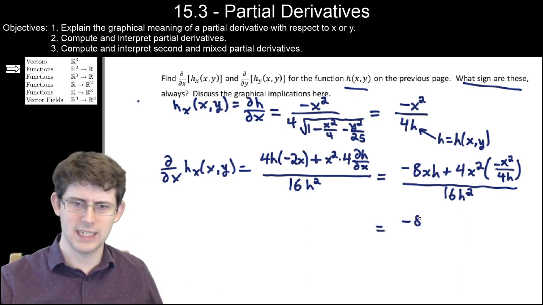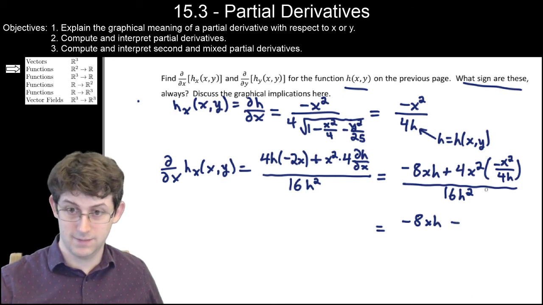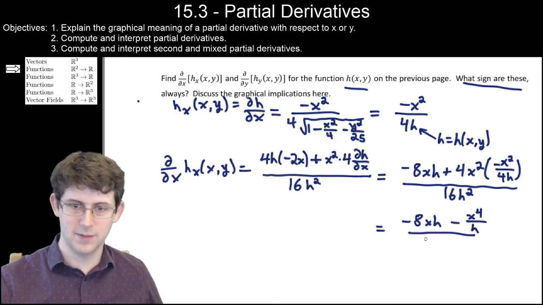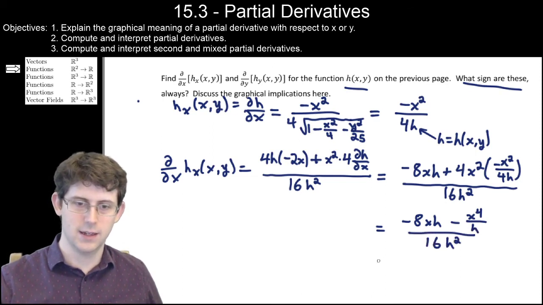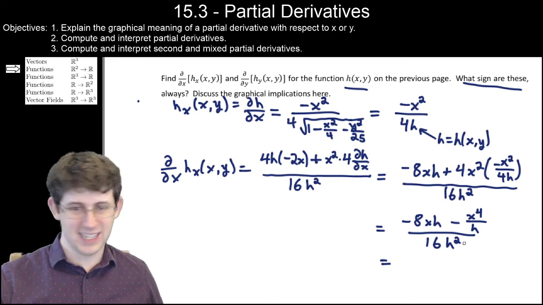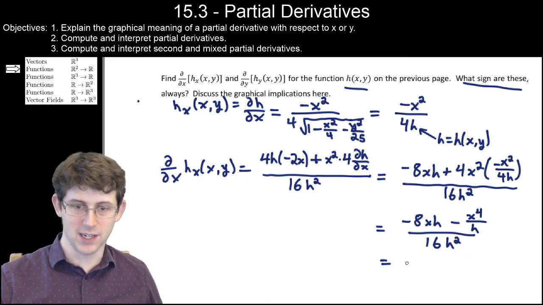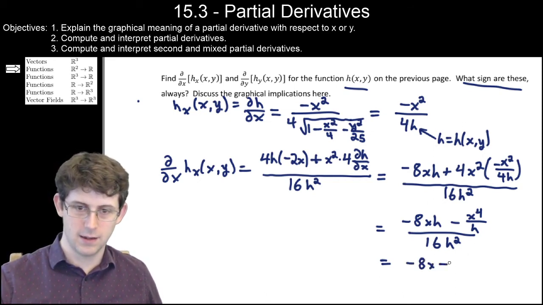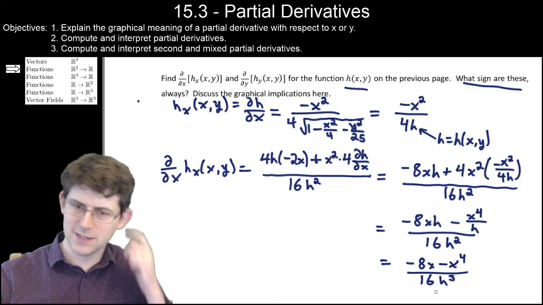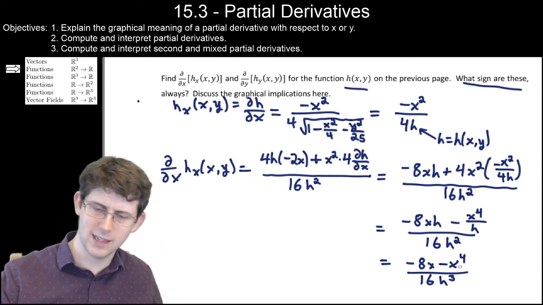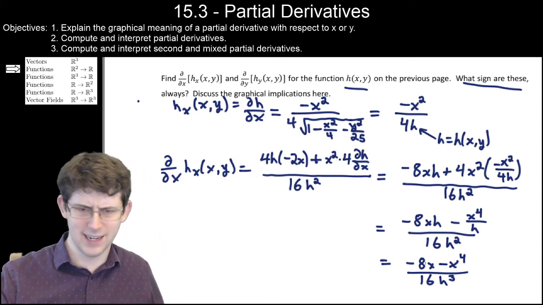So I'm going to have minus 8xh minus x to the 4th over h, all divided by 16h squared. The best I can do to simplify this is to multiply the numerator and denominator by h. h is always positive, so the denominator is positive. x to the 4th is always positive. x is not always positive, though.